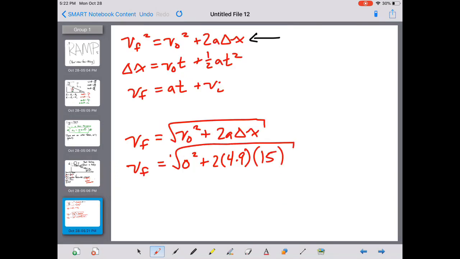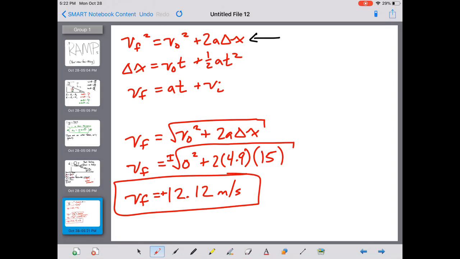And I need to do plus or minus. So v final is the square root of 2 times 4.9 times 15, which gives me 12.12. This is going to be positive because we said down the ramp was positive.